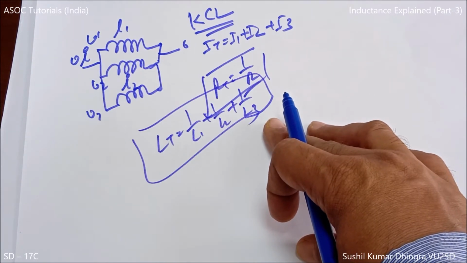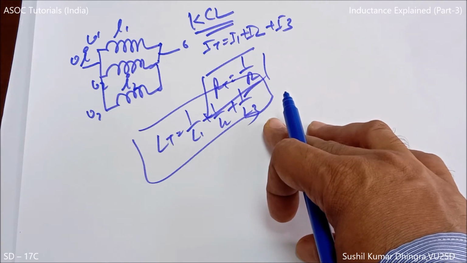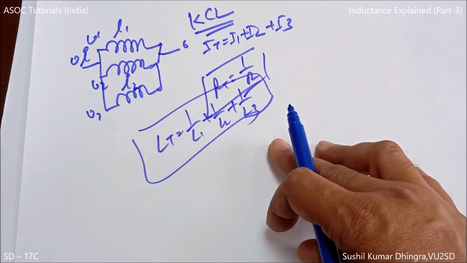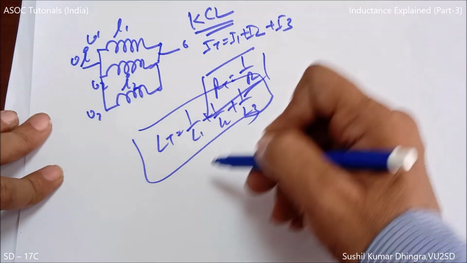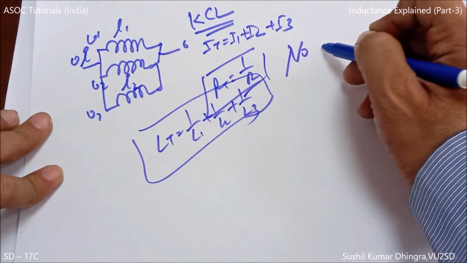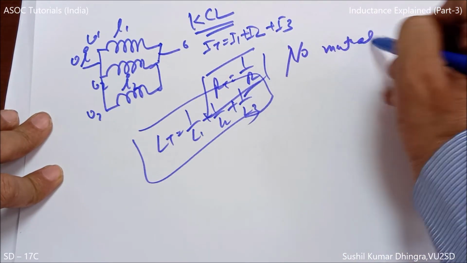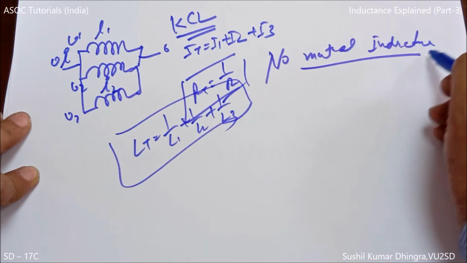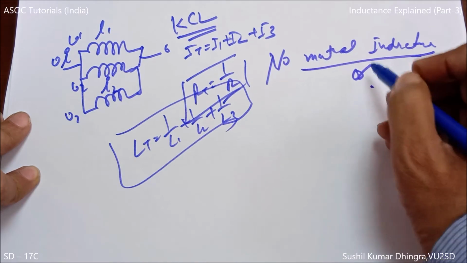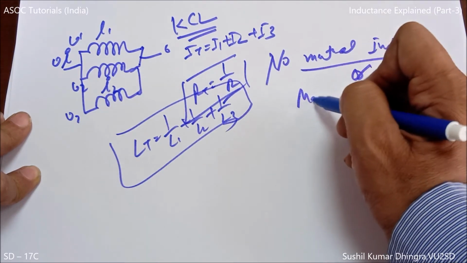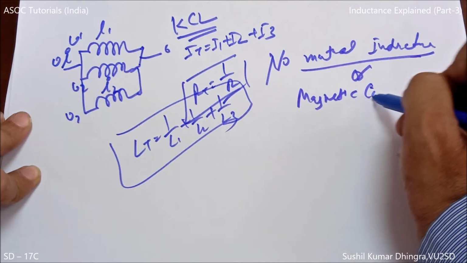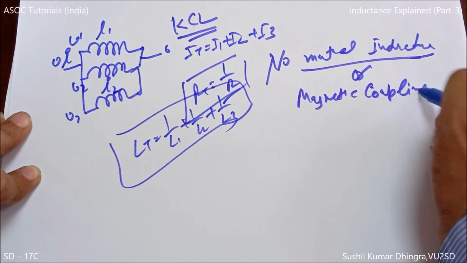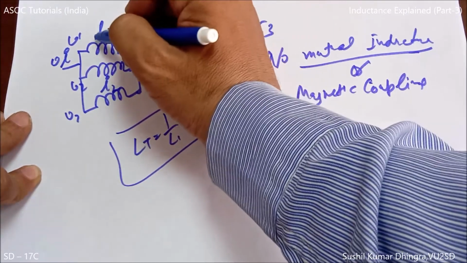But again, as with series connected inductors, the above equation only holds true when there is no mutual inductance or magnetic coupling between the coils.